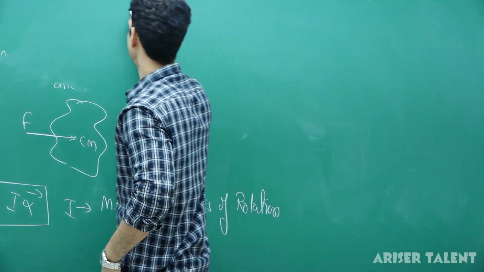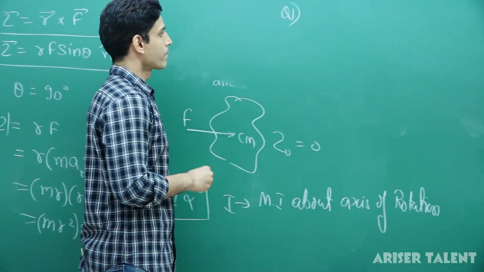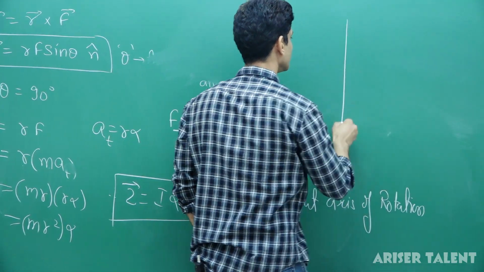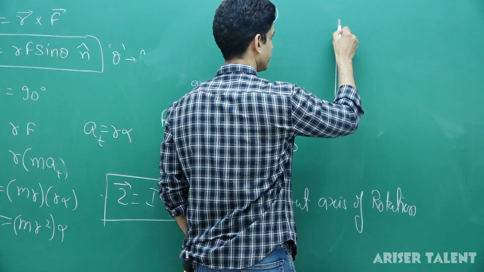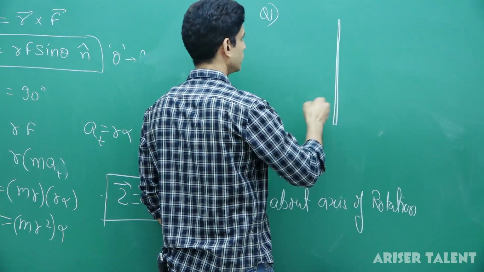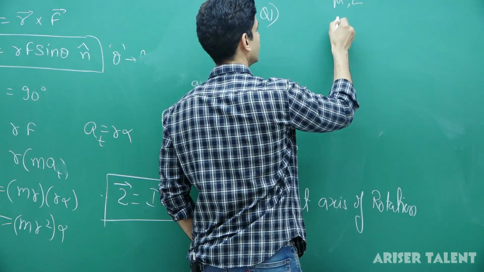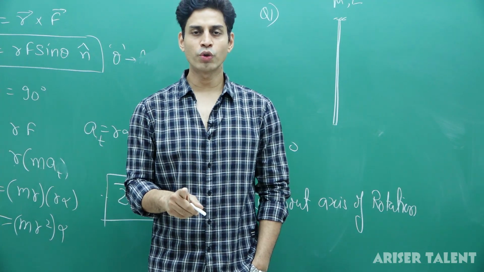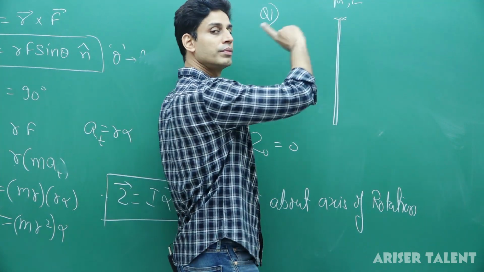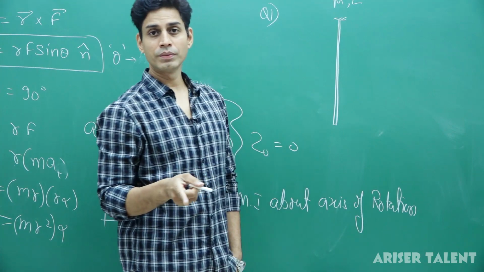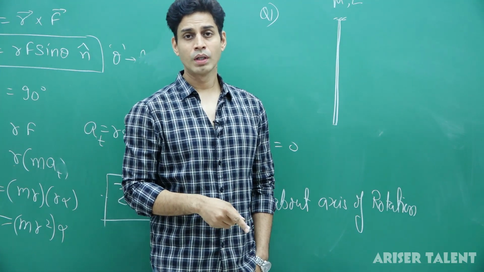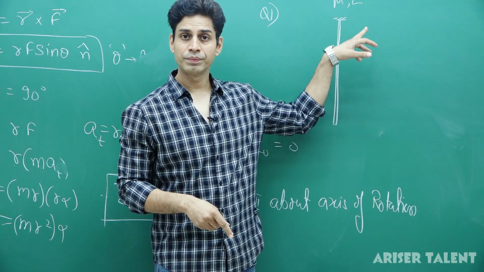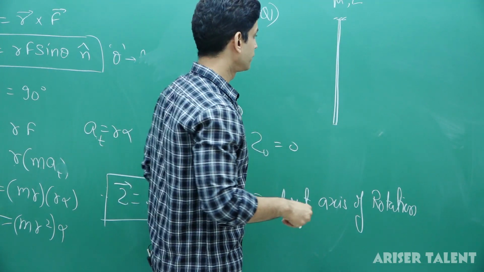Now the first numerical. A rod of mass m and length L is hanging vertically and is free to rotate about this axis. I repeat, a rod of mass m and length L is hinged from one of its ends vertically like this.